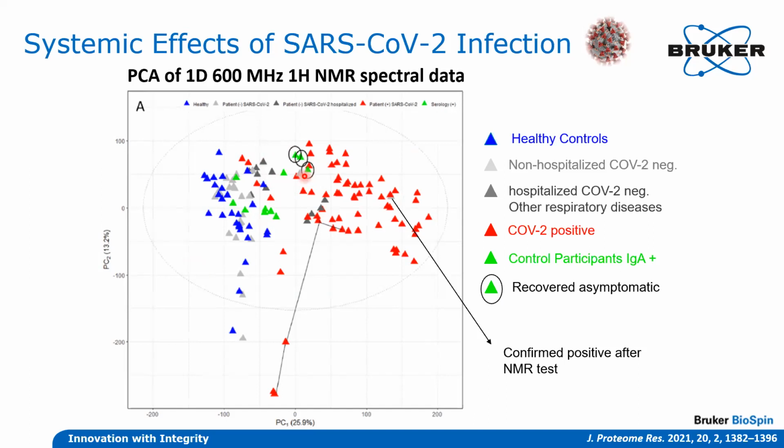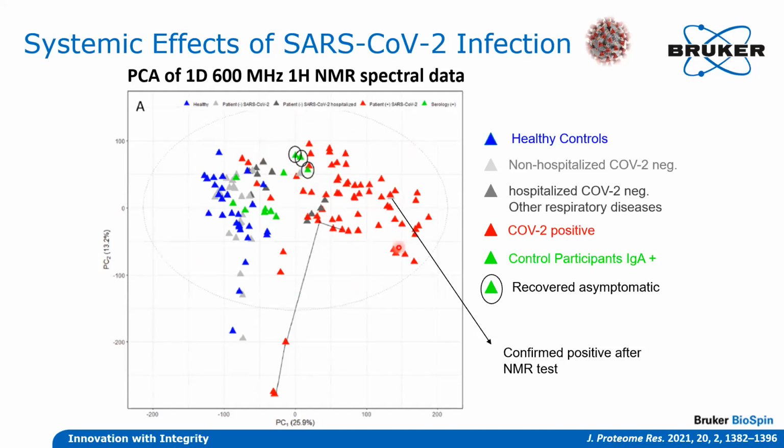One individual maps within the SARS-CoV-2 positive cluster, identified by this circle. So this particular patient gives a positive mapping within the SARS-CoV-2 cluster. It means that the antibody test is positive, but the RT-PCR is not detected. But this falls under the patients group, the positive cluster.